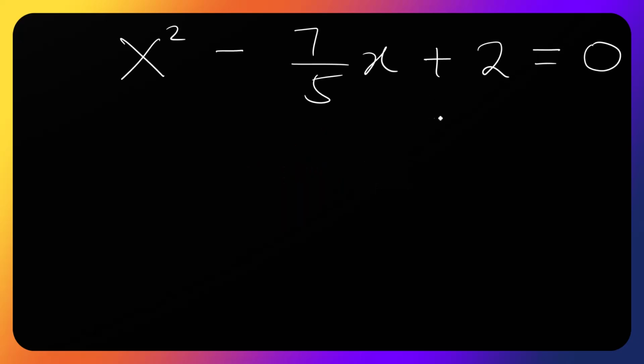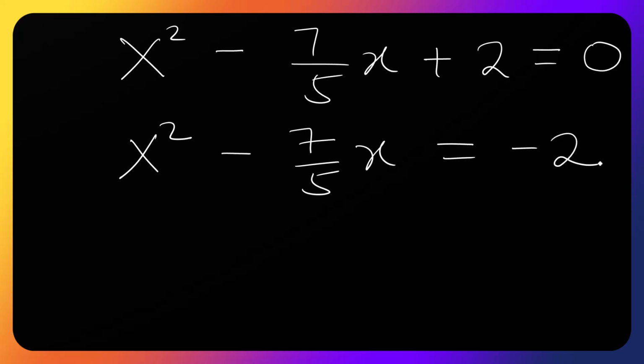So we have this information here. Now this side is 1, so we are free to go. Let's send the constant to the other side: x² - 7/5 x = -2.